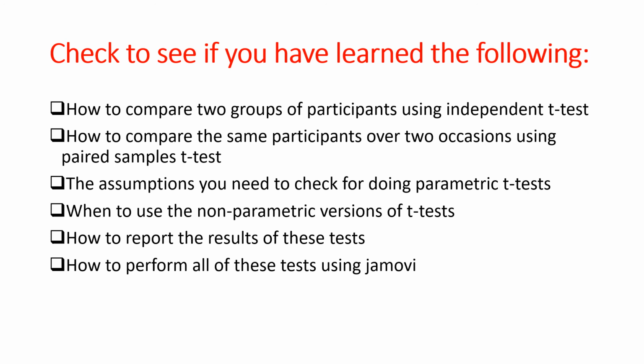I expect you to know what the assumptions are for any type of parametric t-test and how to check these assumptions in Jamovi. I expect you to know what the non-parametric versions of t-tests are and how to do them in Jamovi. And finally, I expect you to be able to report the results of all these tests in your projects or in your studies.